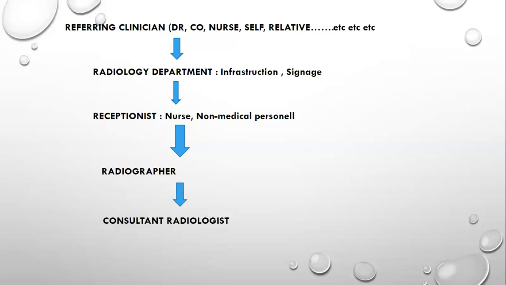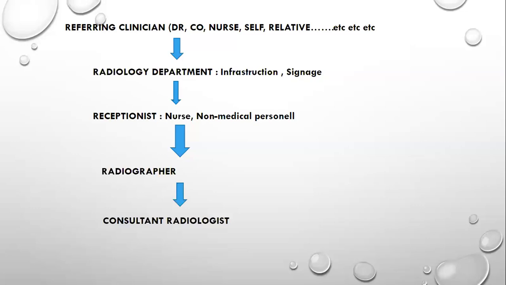In our setting, in the ideal situation, a referring clinician should either be a medical officer, intern, consultant, or a clinical officer. But in our setting here in Kenya, we find instances where we have nurses even sending requests.